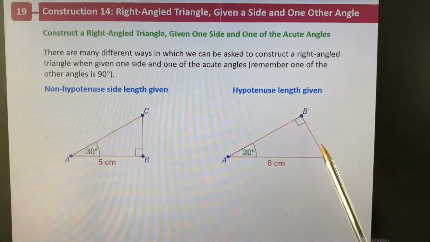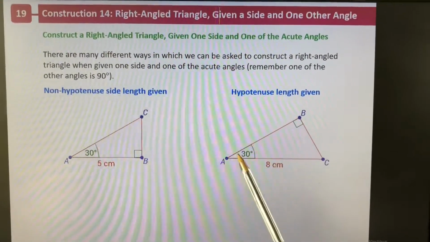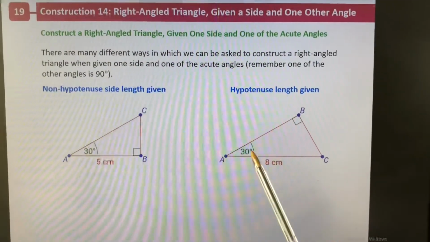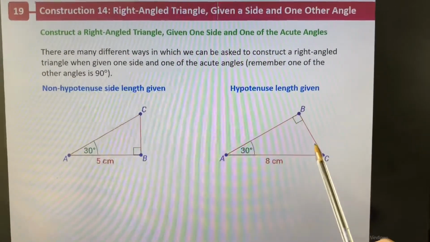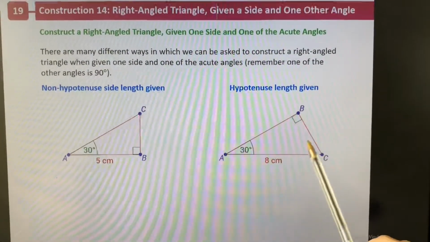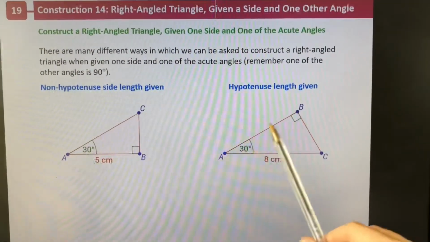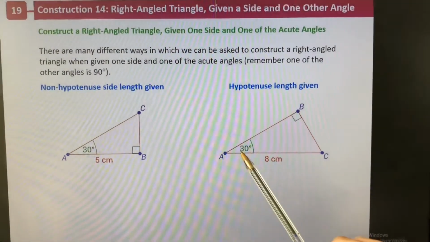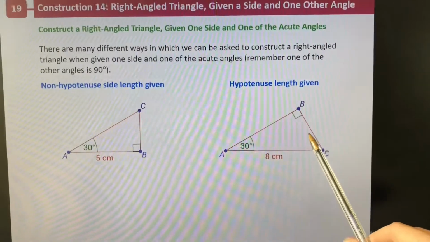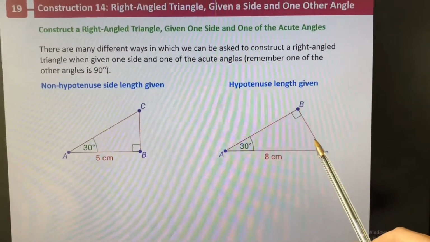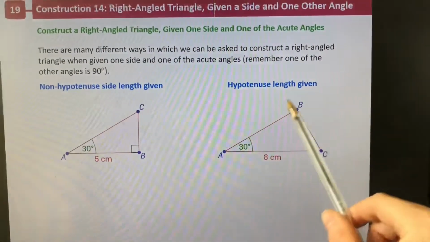To find out what this third missing angle is, we're actually going to end up constructing the 30 degrees, so the one smaller acute angle that we're given in the question, and then this missing angle by adding these 2 up together, so 30 plus 90 makes 120, and that means if we take 120 from 180, then we're left with 60 degrees. So we would construct 60 degrees here, and that's going to help us.